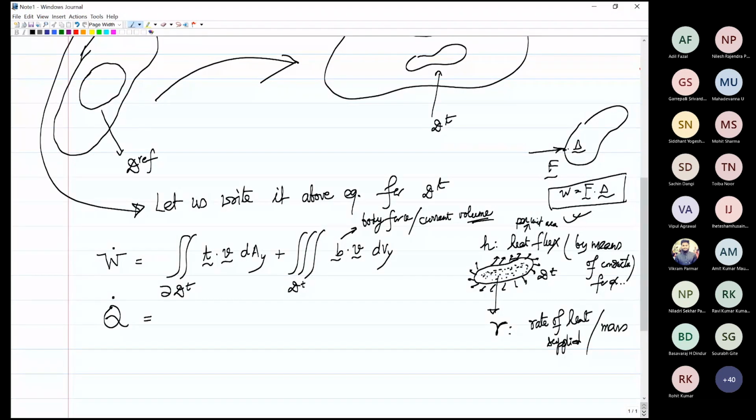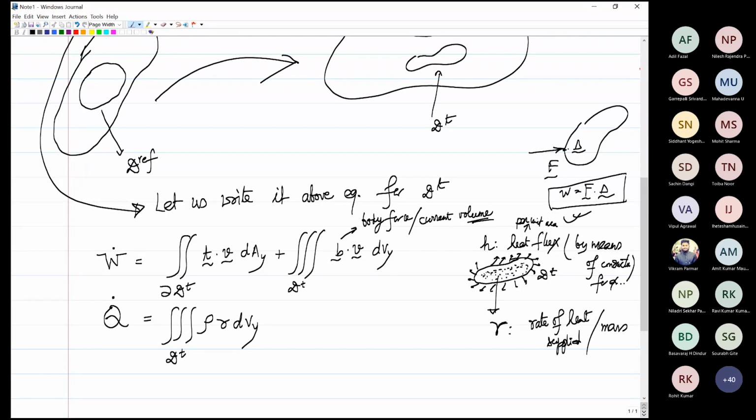So with that, what will be the total Q dot? The Q dot supplied to the body. There will be one due to the heat source over the volume. So that becomes integral over dt, and we have here rho into r dV, isn't it?